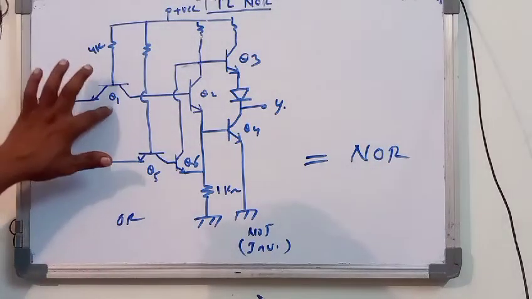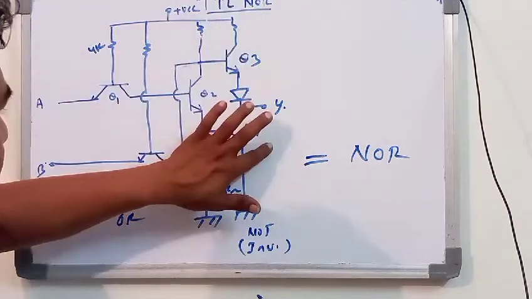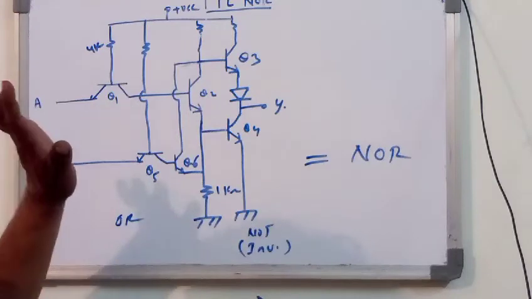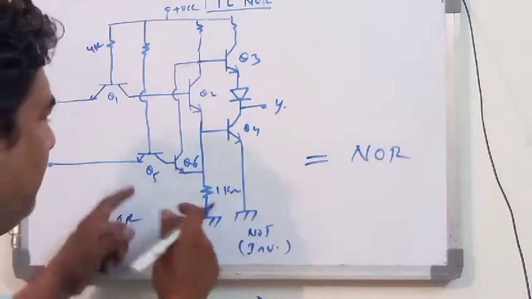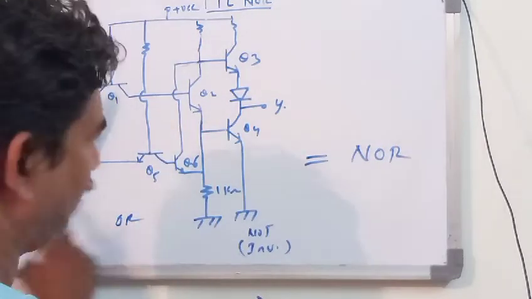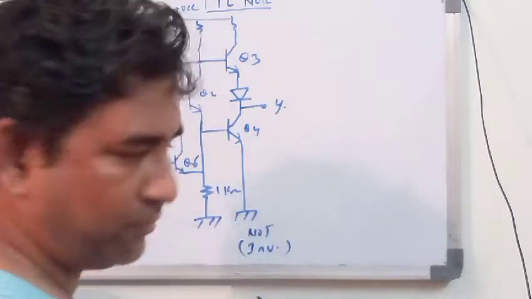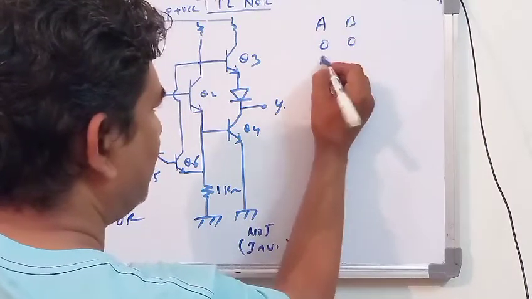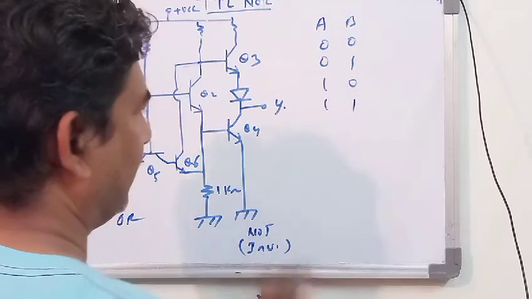Okay, so Q1, Q2, Q3, Q4, this 4-part transistor is very important, and the rest of the transistors are also important. But for A and B, when you are giving the input, the 4 types of inputs you have to give. Which inputs? That is A, B: 0, 0, 0, 1, 1, 0 and 1, 1.